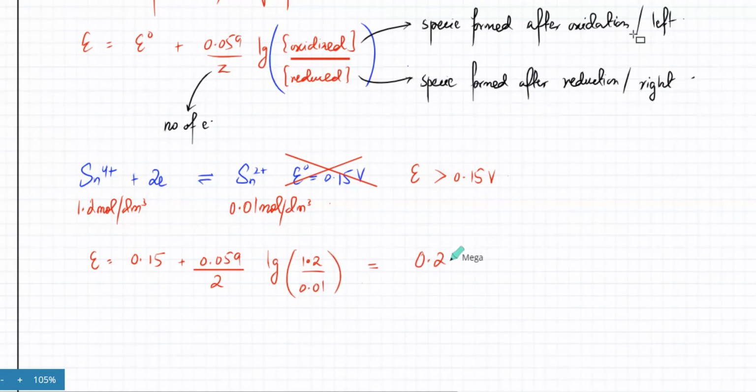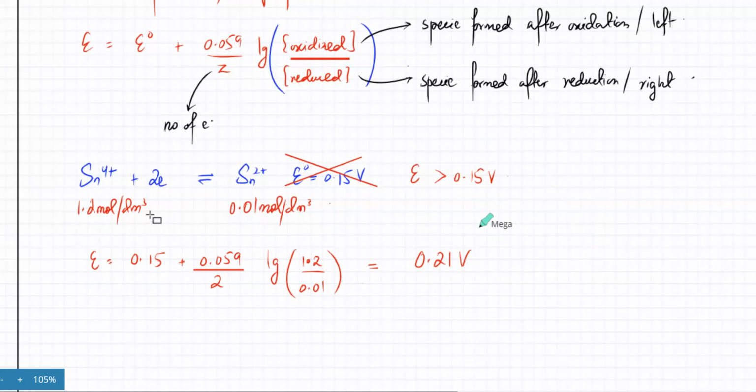So we're getting 0.21 volts, which is true because this is what we predicted. We predicted that it's going to be higher than 0.15, and we are getting something higher than 0.15. Also remember that it's not going to be that big of a change. It's 0.15, this is 0.21. And you can see that the concentrations have really altered.